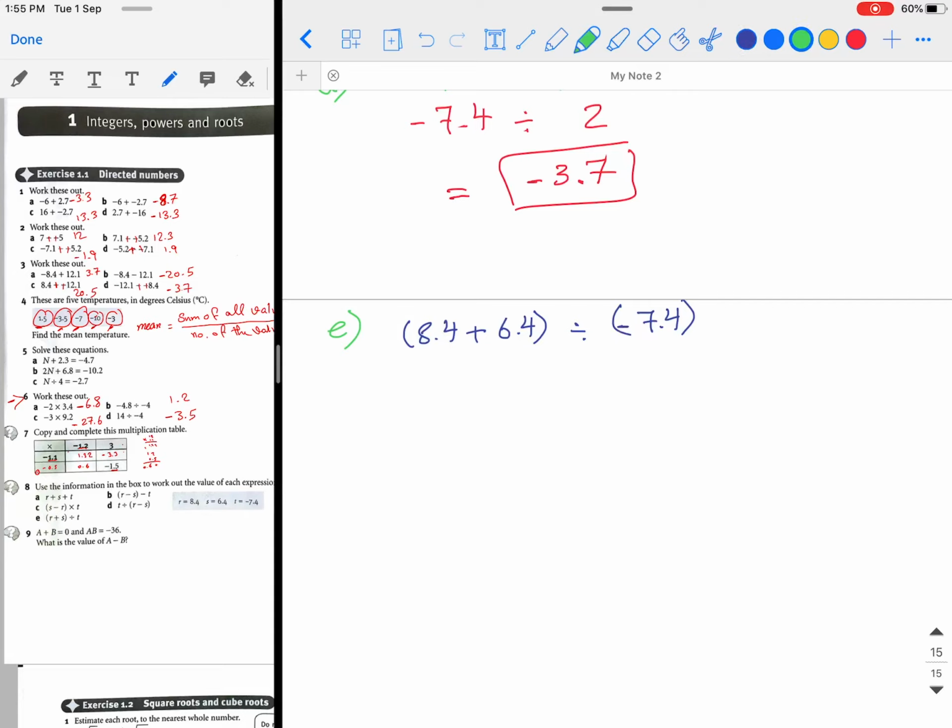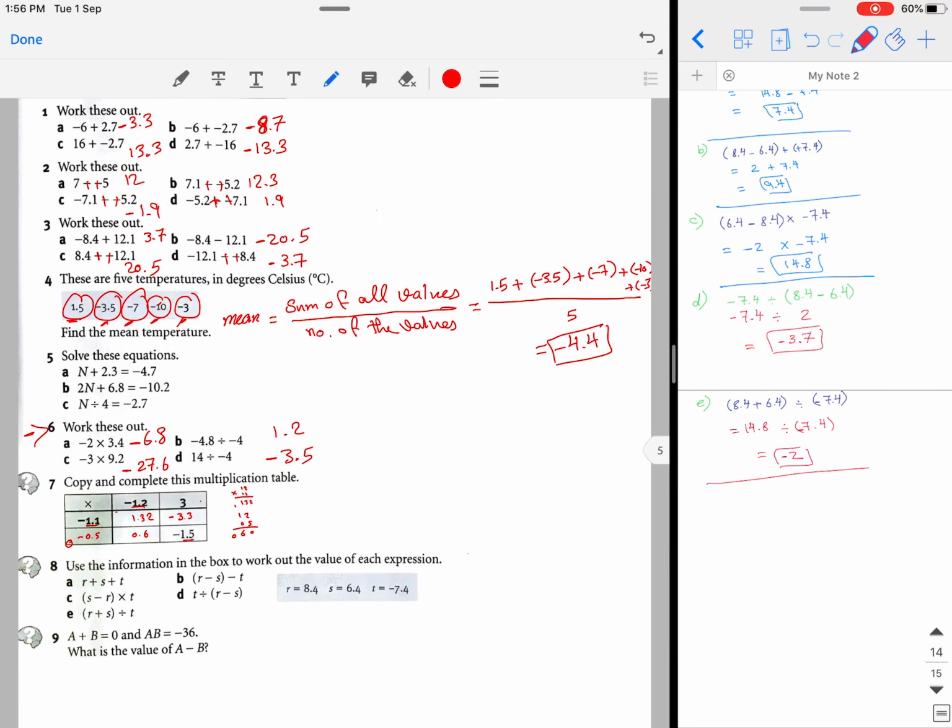Okay, so let's answer. 8.4 plus 6.4 is 14.8 divided by 7.4, and it's a negative actually, so 14.8 divided by 7.4, the answer is 2. And what about positive or negative? So the result must be negative, so this is the answer.